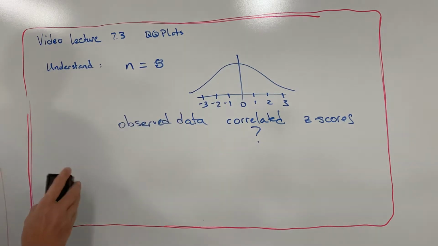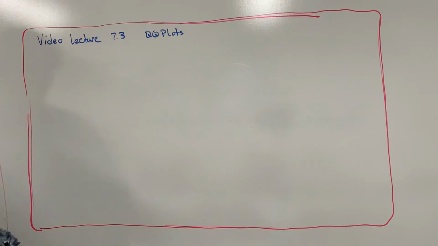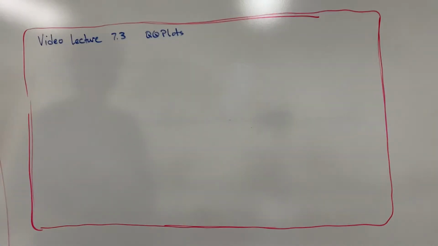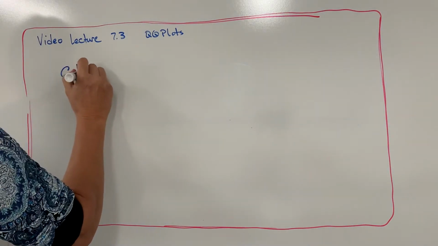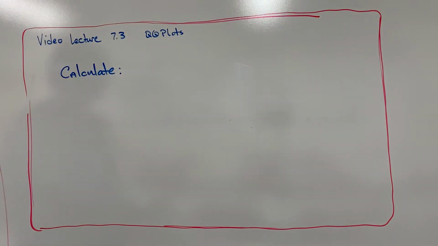So now that we've kind of done an understanding, and you don't have to be the person who knows the most about this in the whole wide world, but just so you kind of get an idea of what's happening, let's talk about how we calculate these. So you do not need to do anything by hand in this section. You can do it all in StatCrunch.